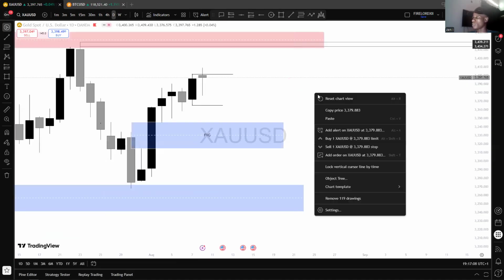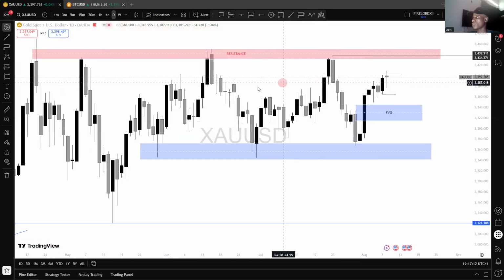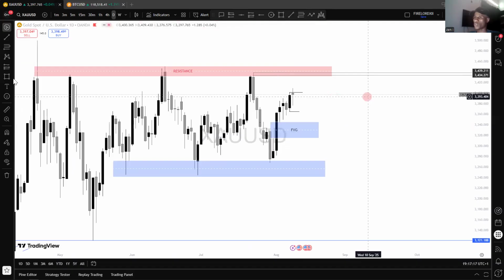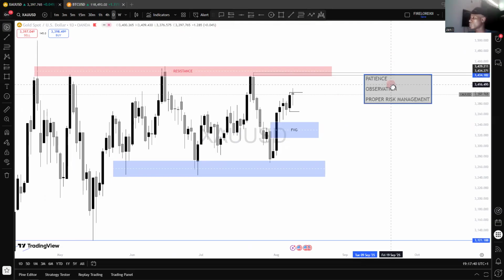But the point is, positioning is very important as a trader.